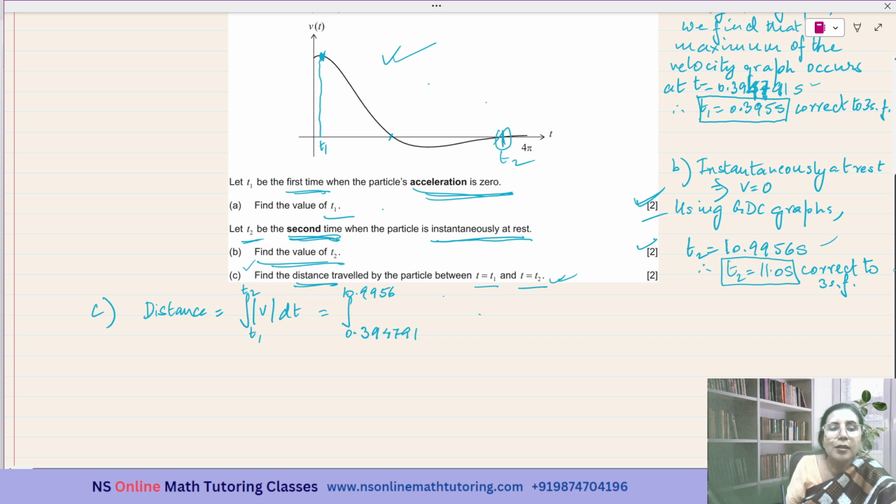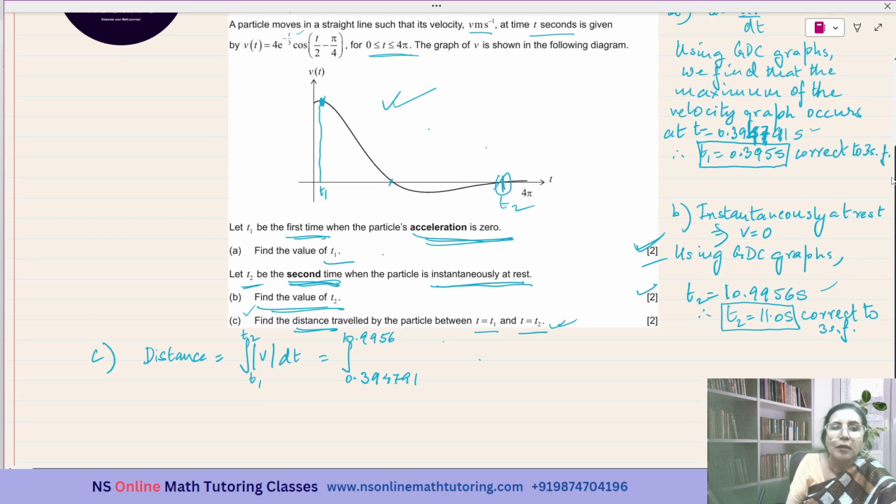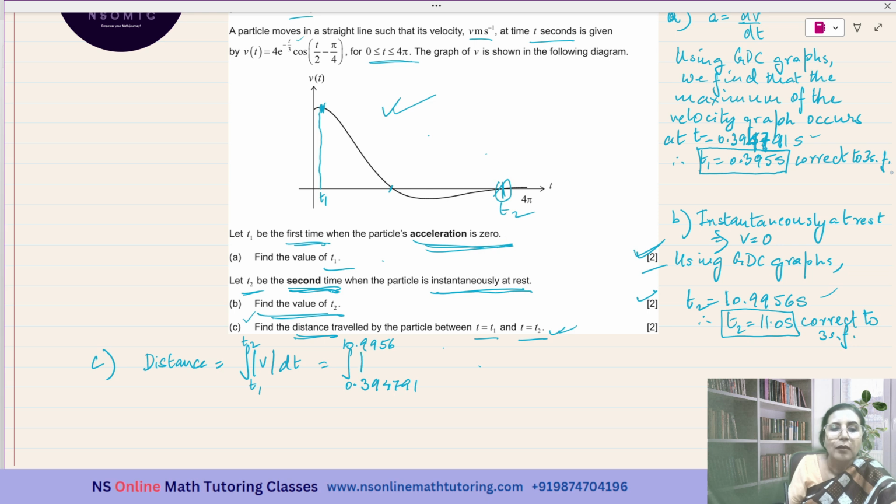Okay, and the velocity expression, let me write the velocity expression. It is 4 e to the power of negative t over 3 and cos of t over 2 minus pi over 4, and dt. So this is the expression, okay?